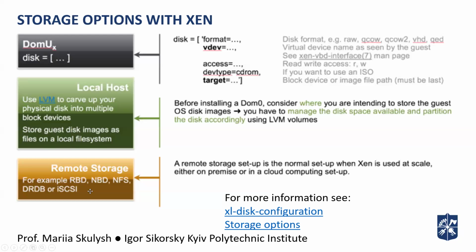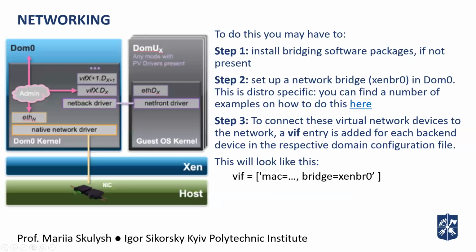From the other side, remote storage is used for the virtual machine, so you can manage it with different kinds of virtualization. Here are some examples, with some links you can look through.